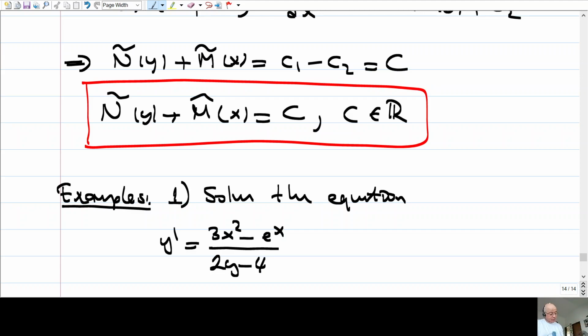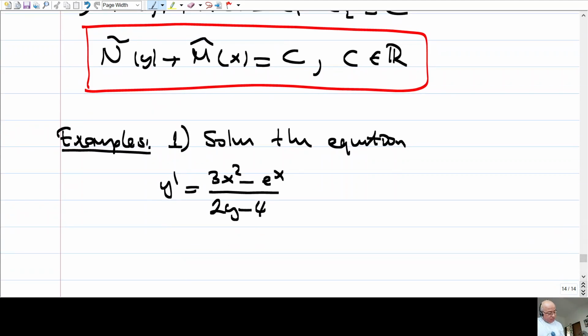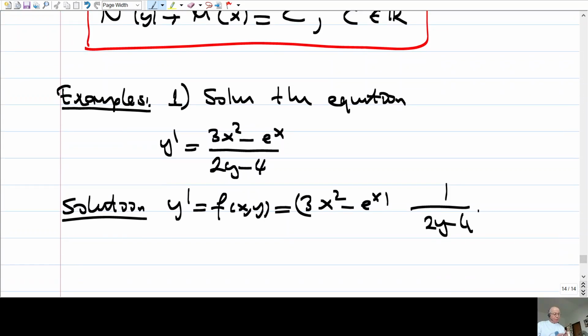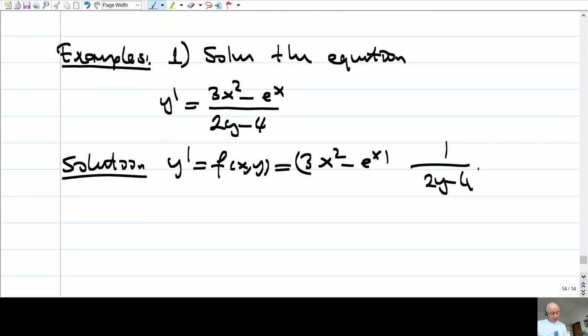All right. Well, you see, this is a separable equation because y prime is equal to f(x,y), and that is written as a product of a function of x times a function of y. Okay, x and y variables are separated.